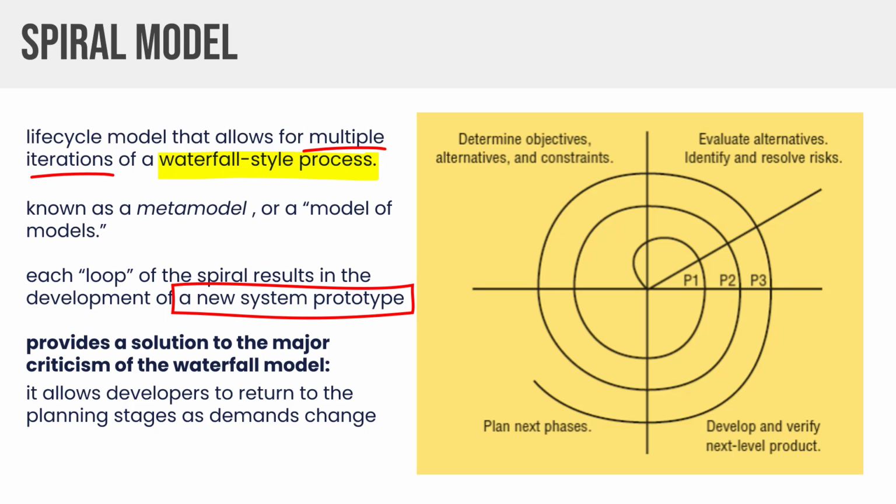It allows developers to return to the planning stages as demands change. So in a word, it adds that property of iterative. It makes it more flexible. So it allows us to leverage a waterfall style process in a more customer-focused, responsive way, and allows us to iterate quickly through our product designs.